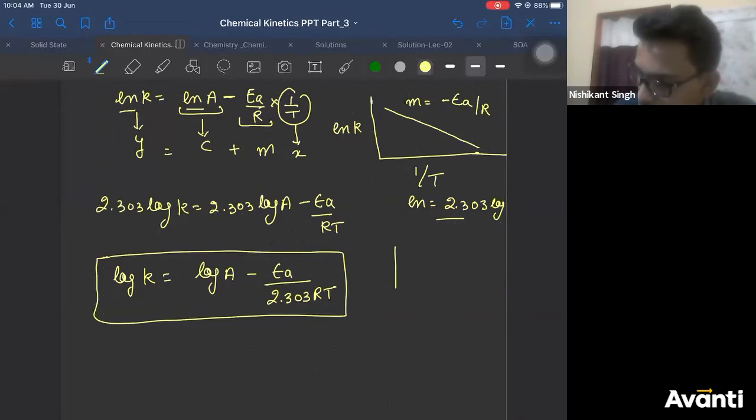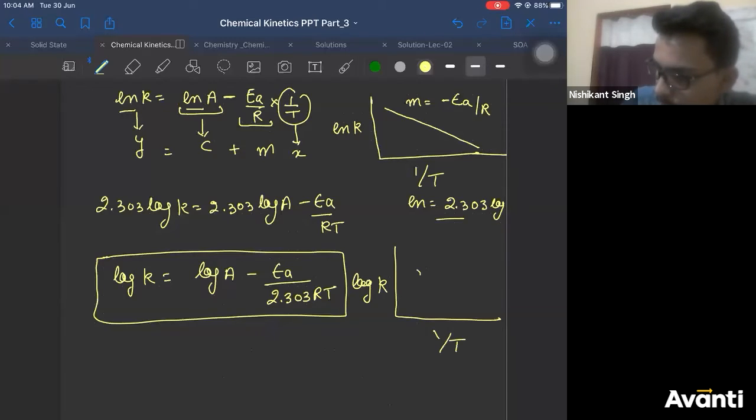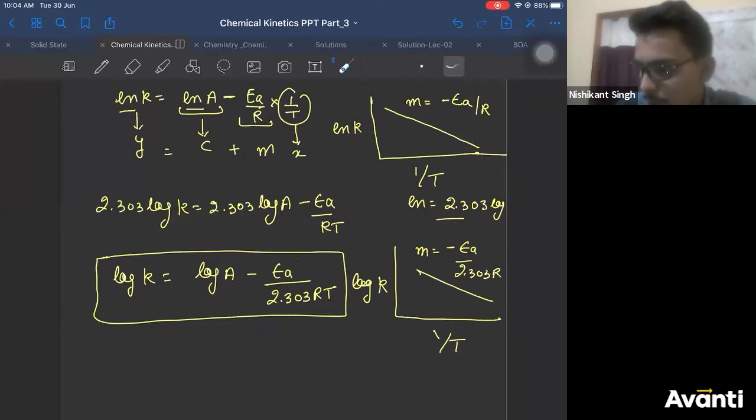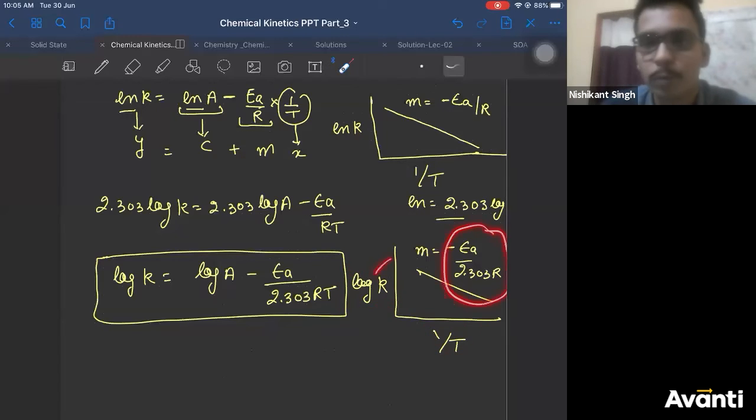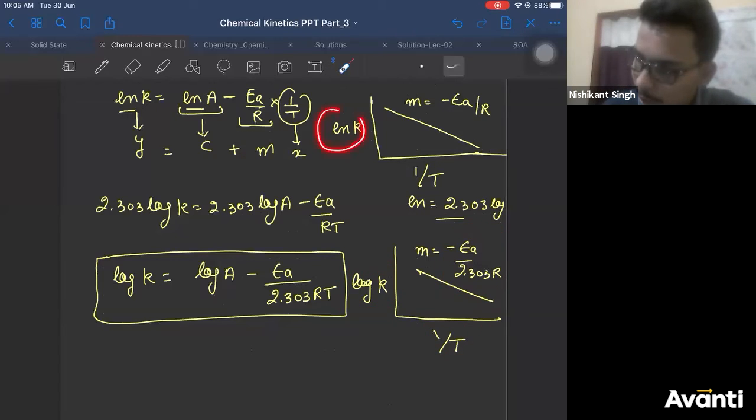You'll get a similar graph, log k versus 1 by T, with slope minus Ea by 2.303R. So do not memorize by heart what you're plotting on the axis. If you're plotting log k, the slope will be minus Ea by 2.303R. If you're plotting ln k, the slope will be minus Ea by R. This is very, very important.